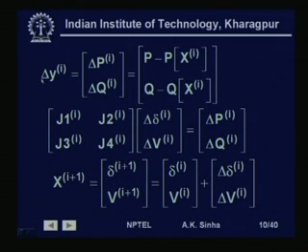For the power flow problem, we can write delta y i is equal to delta P i and delta Q i, that is the change in real power and change in reactive power at ith iteration.